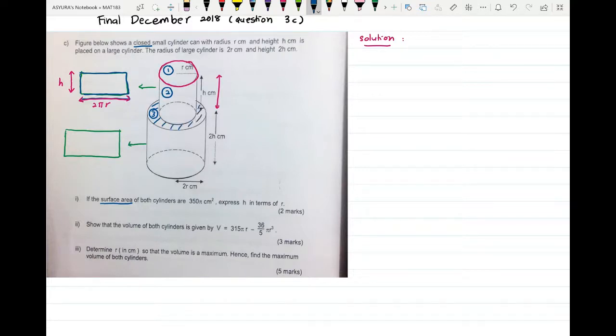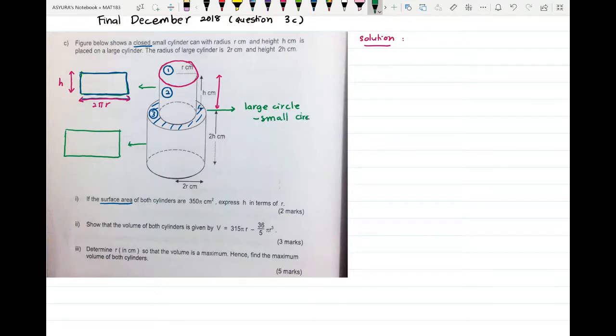What will be the formula? The formula will be the large circle minus the small circle.